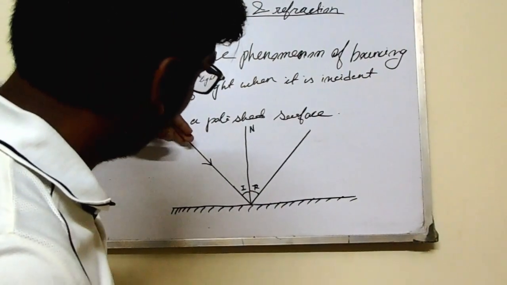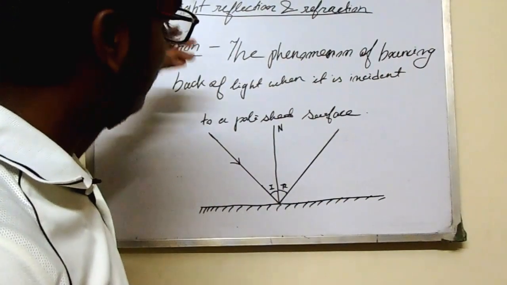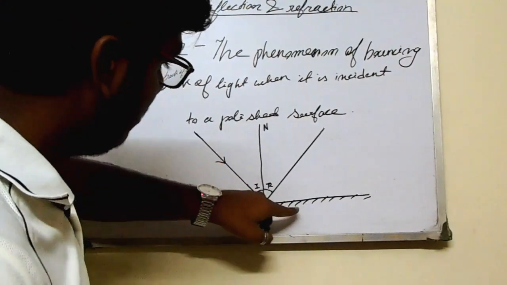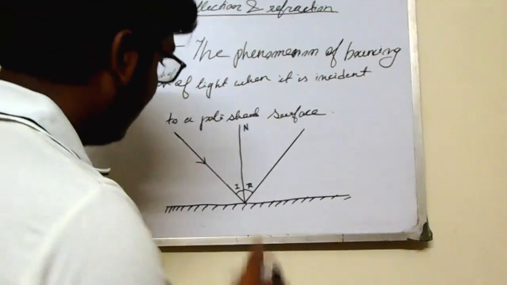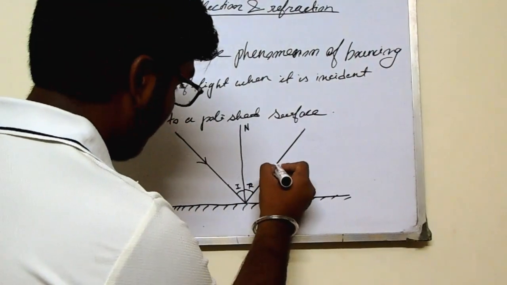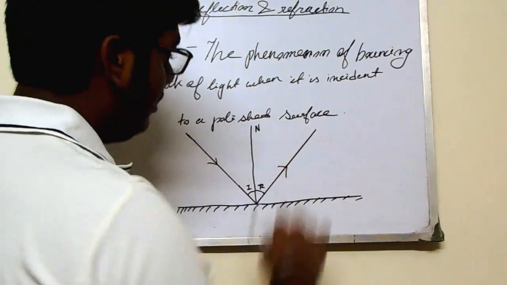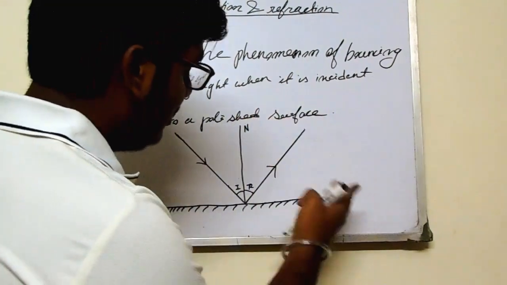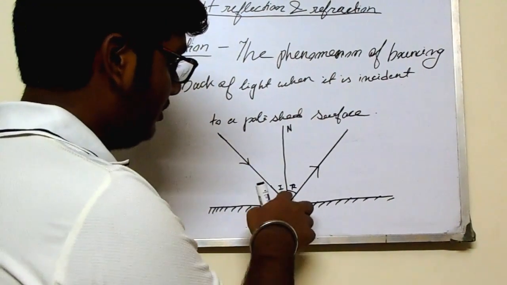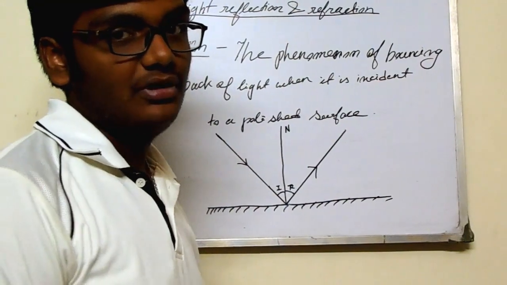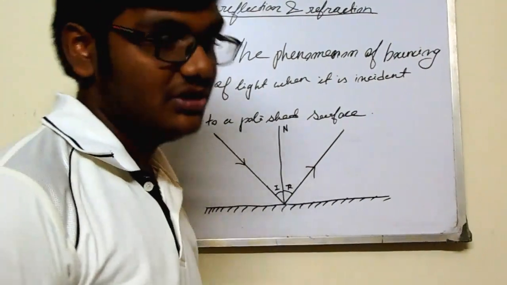The ray is falling onto the polished surface and getting reflected, so the reflected ray also forms an angle, the angle of reflection.